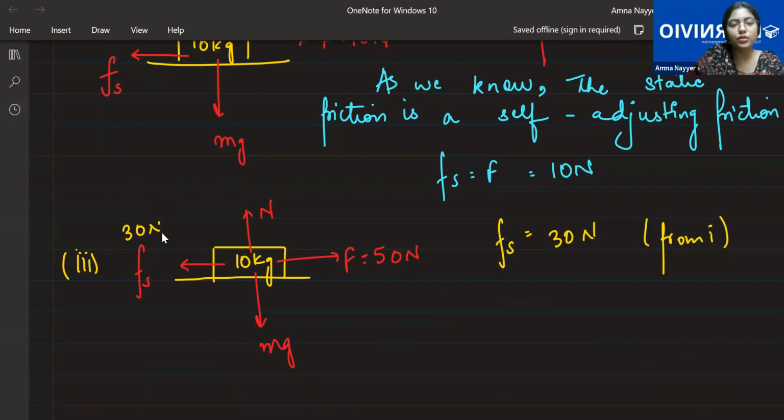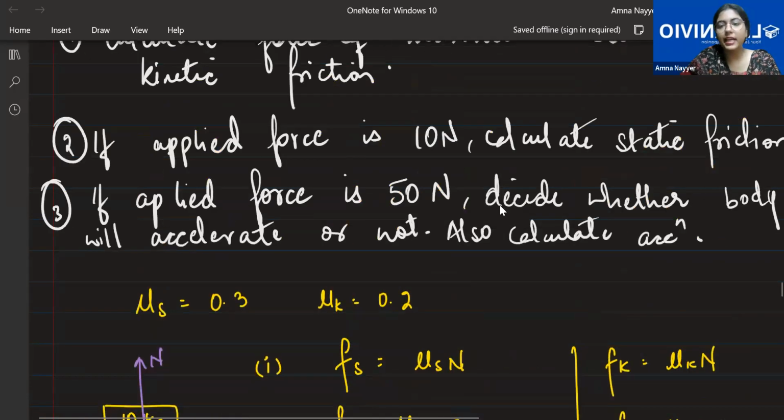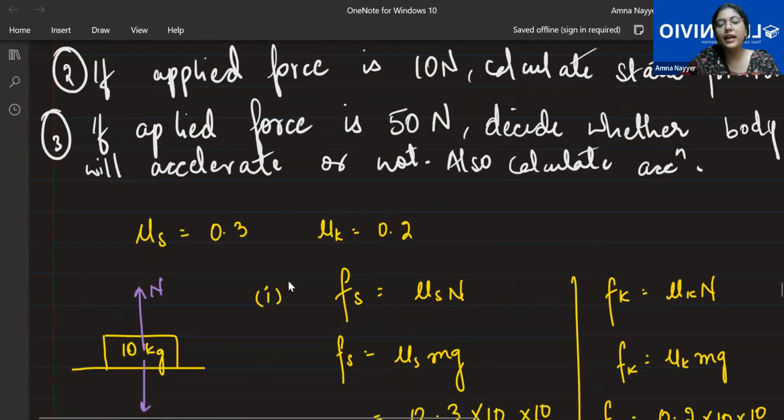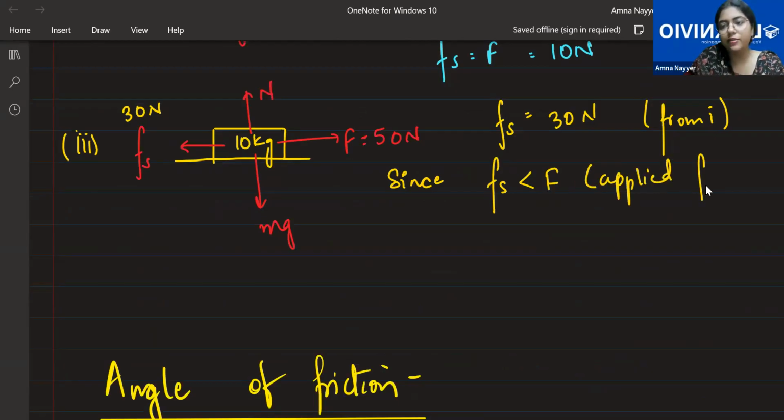Here you will have the force of 30 Newton acting, but it is saying decide whether body will accelerate or not. So we know since the friction force is lesser than the applied force, the body will accelerate.